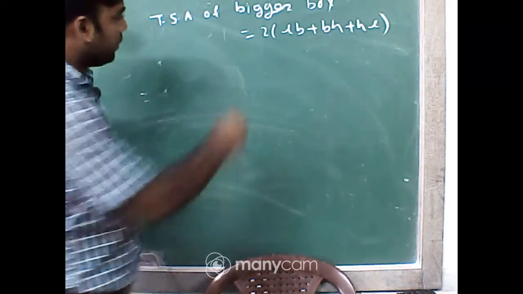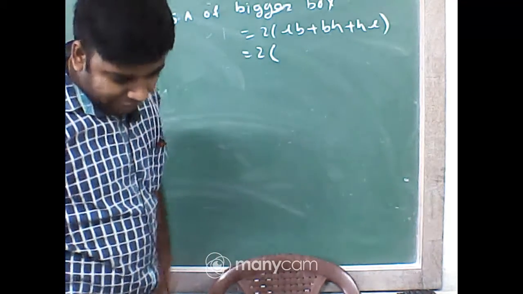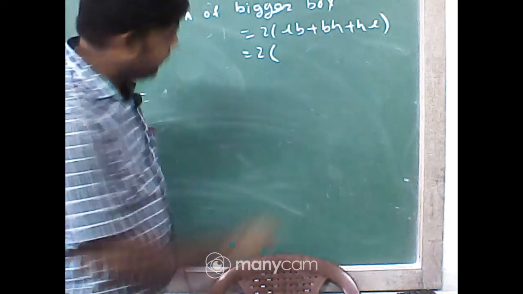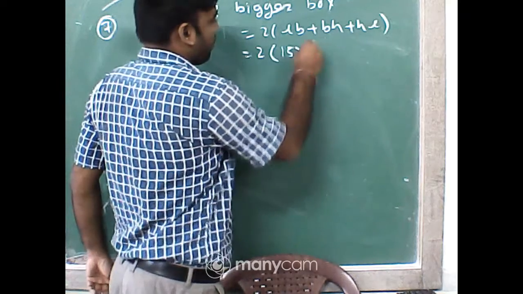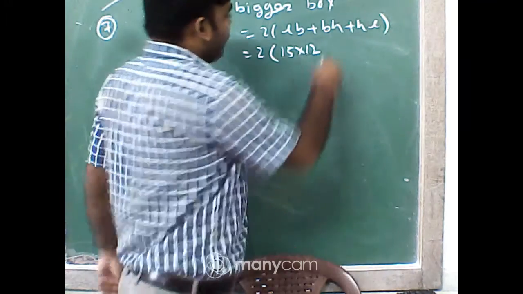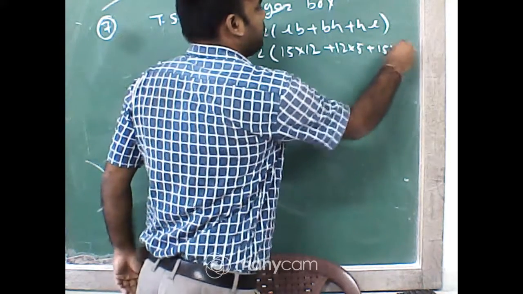Tell me. Now 2 into L into B, that is 15 into 20, 15 into 12, plus 12 into 5 plus 15 into 5.